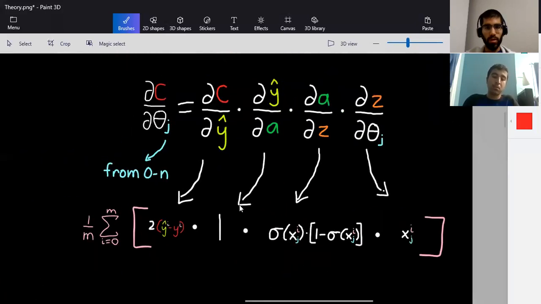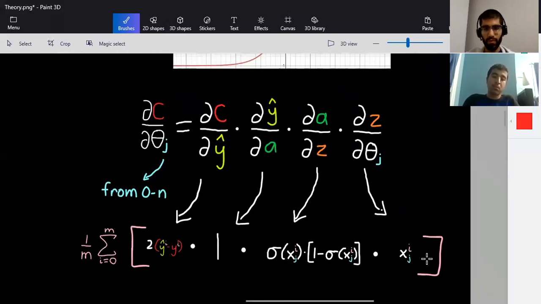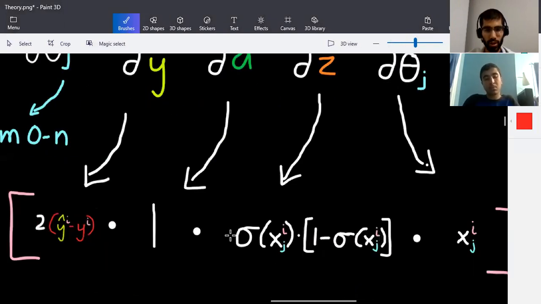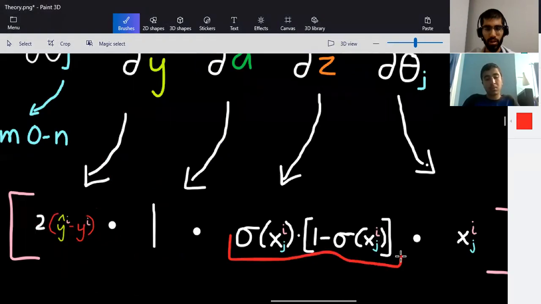So remember, you've probably seen this 3, 4 times now. This is the derivative for each part. And when we did this computation, I just plugged it in over here.